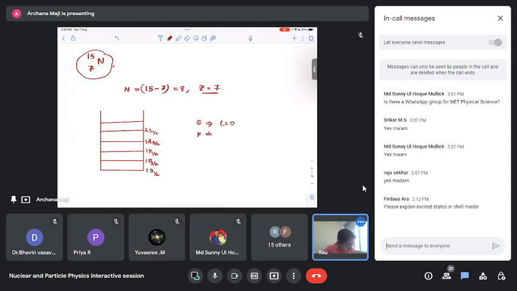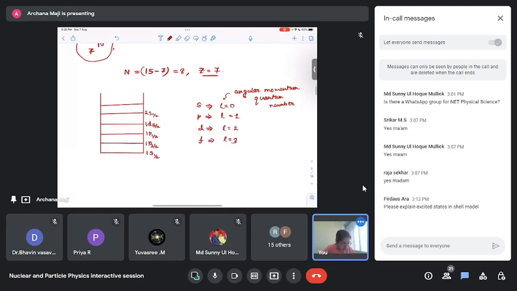These things you know, but let me just say this. P means L equal to 1. So L is the angular momentum quantum number. D means L equal to 2. F means L equal to 3.